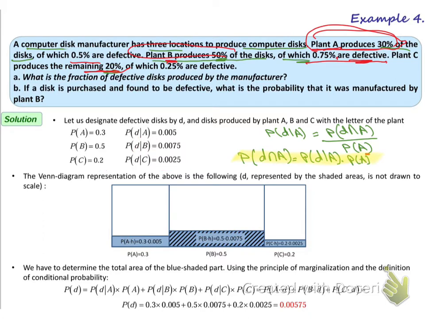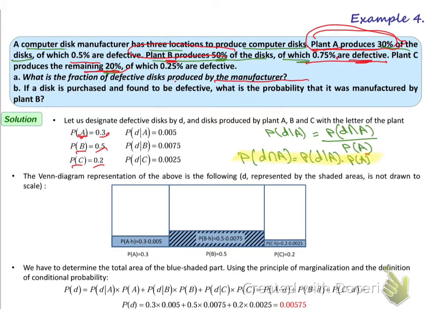So here he has given me the probability, or the fraction, of the disks produced in factory A, in factory B and in factory C. And the conditional probabilities of defective given A, defective given B, defective given C. And here he wants to know the fraction of the defective work produced by the manufacturer overall.